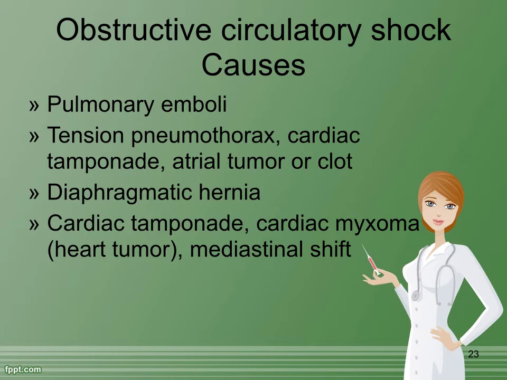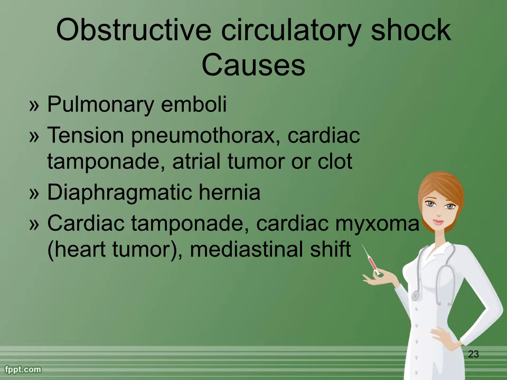Because of all these, pneumothorax, tamponade, tumor, clot, there's not enough room in the thorax for the heart and lungs plus any abdominal organs. The heart is compressed by the extra pressure and ventricular filling is compromised.